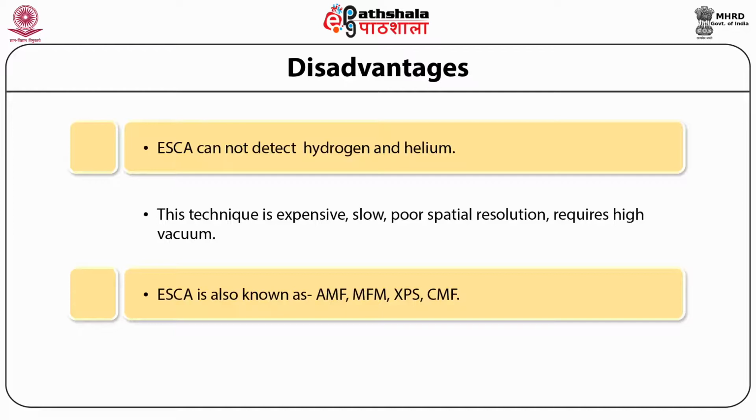Once this technique is carried out and we carry out the analysis, the surface gets destroyed, the layer gets changed, and therefore this surface cannot be used again for any other kind of analysis. So it's a destructive technique which cannot be used for any other form of analysis.